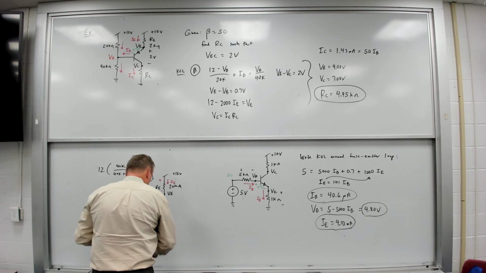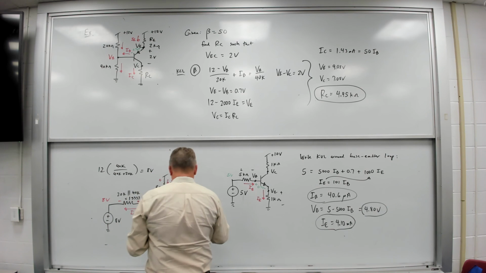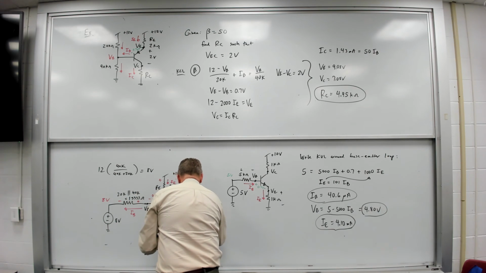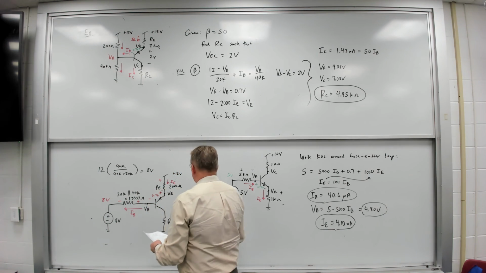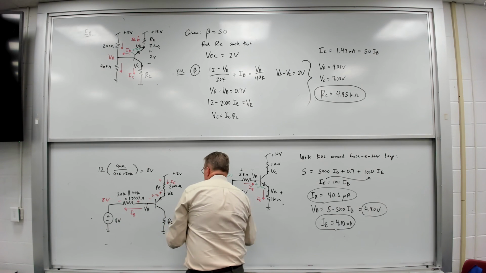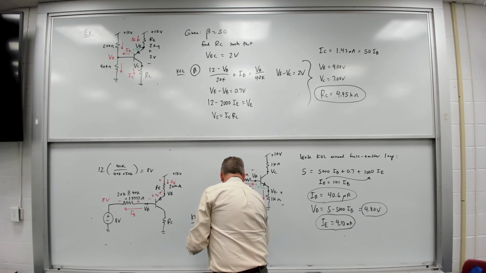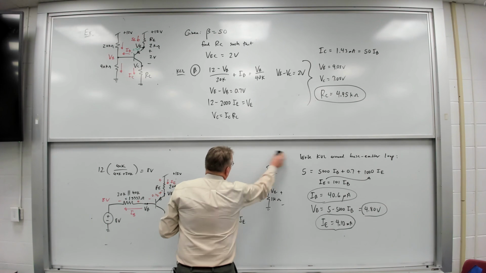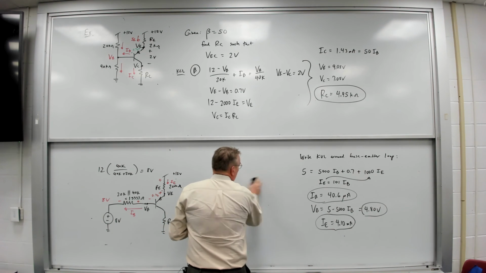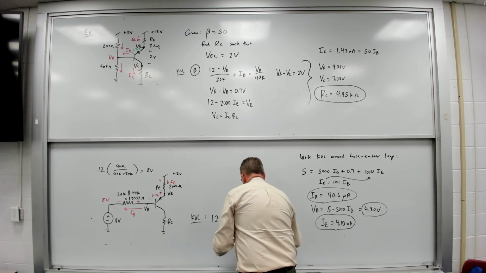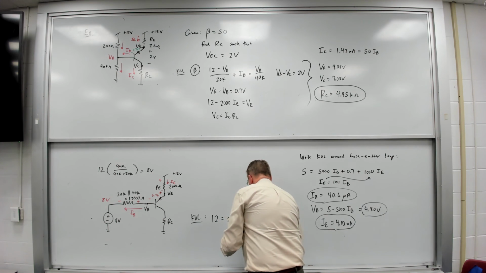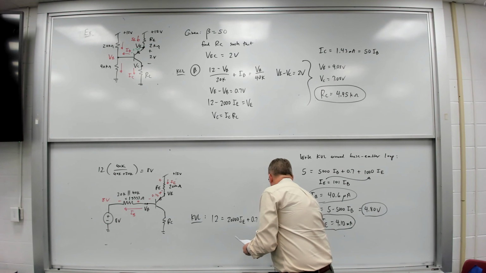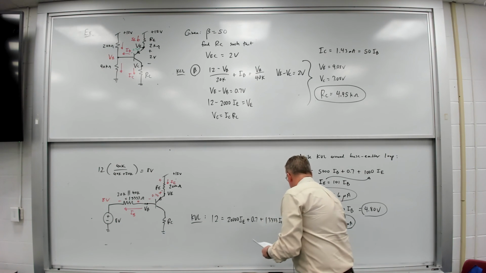And if I do that, I get the following KVL: 12 volts is equal to 2,000 IE plus 0.7 plus 13,333 times IB plus 8 volts.